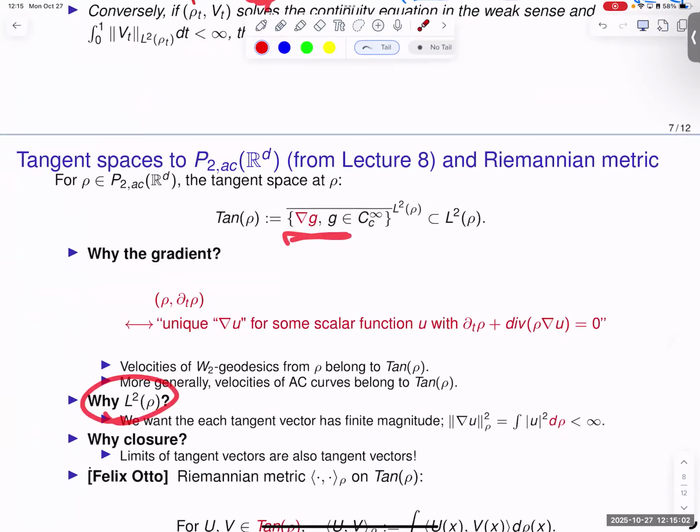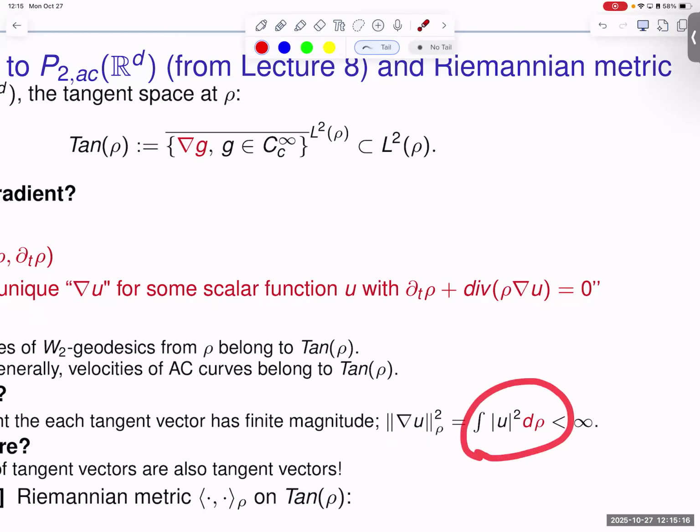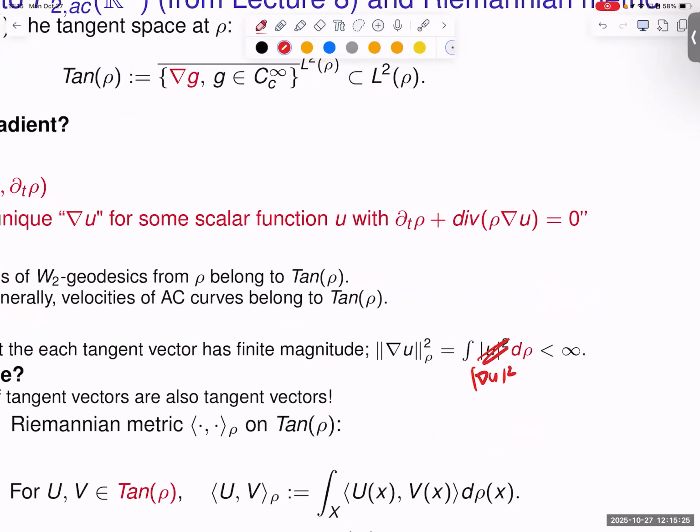Why L2? Because the norm, whatever Riemannian norm we want to define for such a tangent vector, is this L2 integral of the vector field with respect to rho.